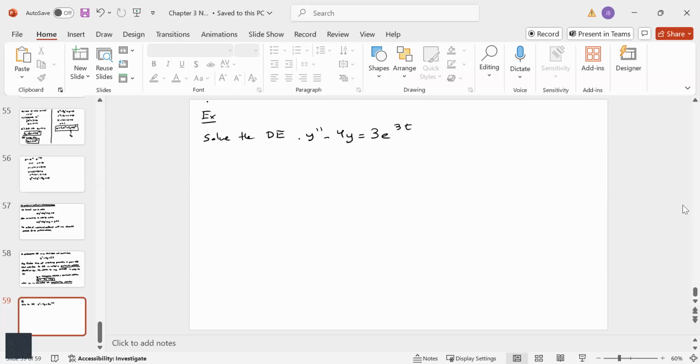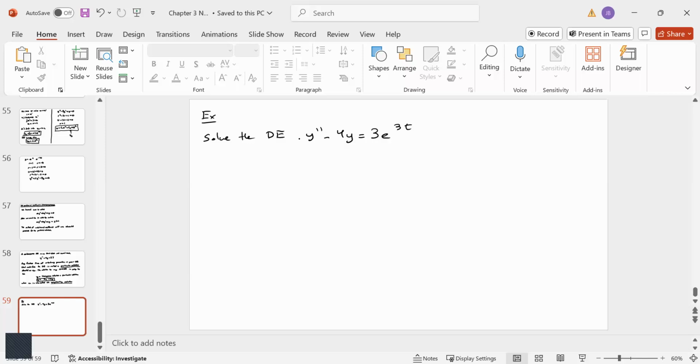I want you to think about this in the most general way. What I'm asking you for is a function that makes the left side equal to the right side, right? And if you plug in a number, let's say zero, well, if I plug in zero, zero minus zero is zero, but then e to the zero is one, so does zero equal three? No, so zero doesn't work.